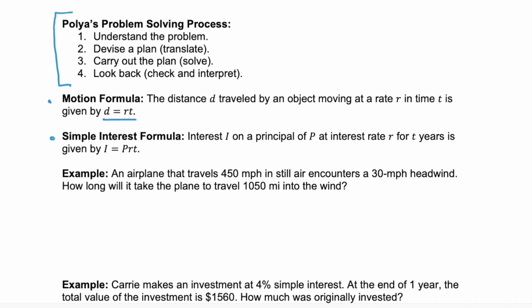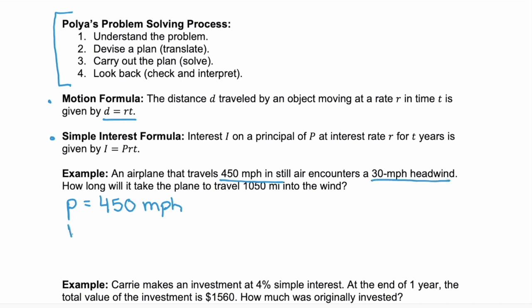Our first example, we have an airplane. So we have an airplane that travels 450 miles per hour in still air. What does that mean? 450 miles per hour in still air. Well, if P is the speed of our plane, that plane by itself goes 450 miles per hour. Okay, and it encounters a 30 mile per hour headwind.